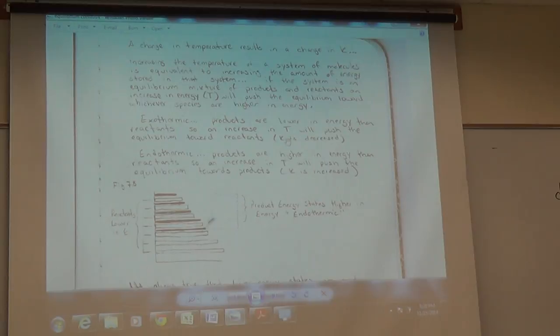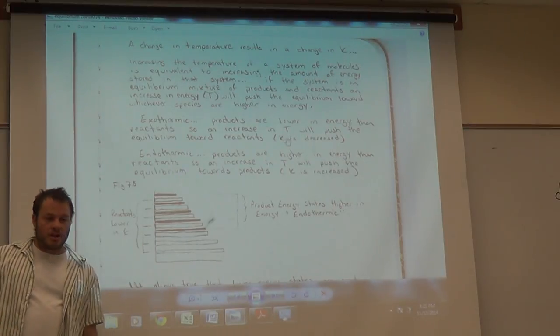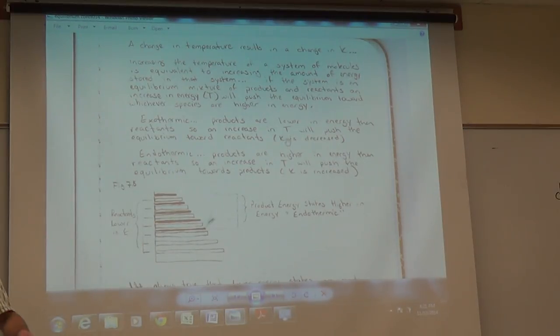Temperature or heat is a product of the reaction, increase the heat, drive toward reactants. Well, heat was only a product of the reaction in exothermic reactions, right? So you increase the heat, you've got more energy distributed through the system, the equilibrium is going to shift towards the higher energy reactant molecules.